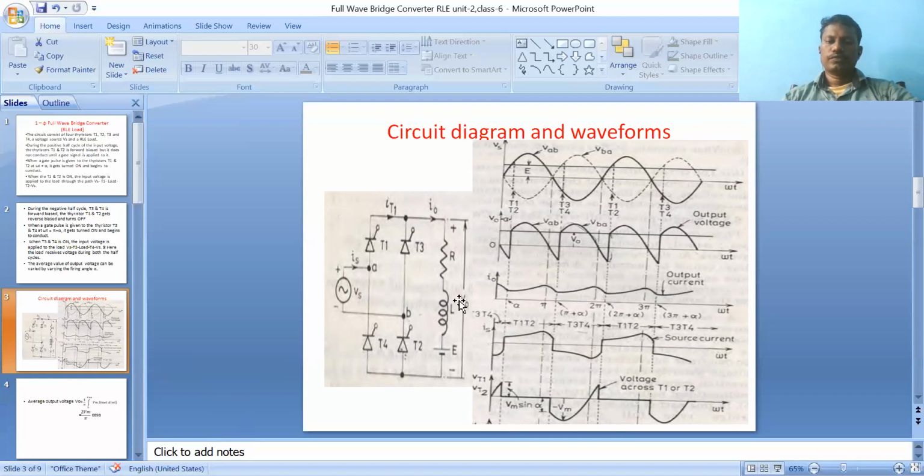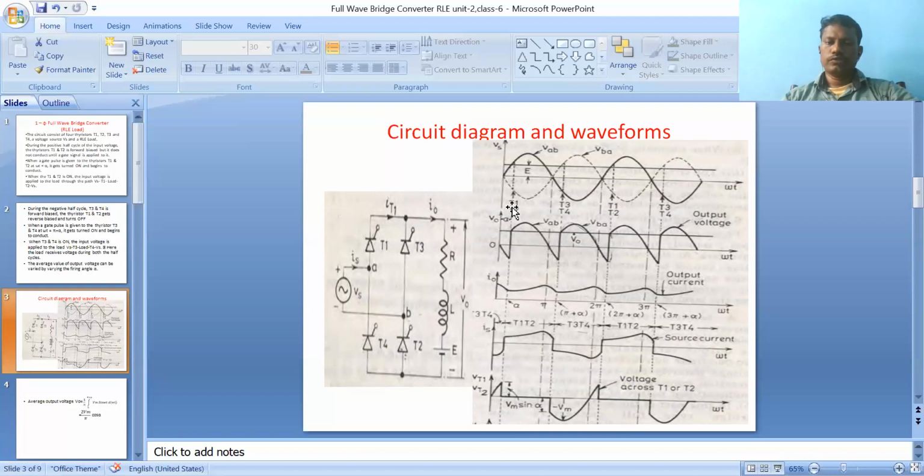Remember this. From alpha to pi, T1, T2 are on; from pi plus alpha to 2 pi plus alpha, T3, T4. So alpha to pi plus alpha, T1, T2, and pi plus alpha to 2 pi plus alpha, T3, T4. That is how you should explain the conduction or operation.